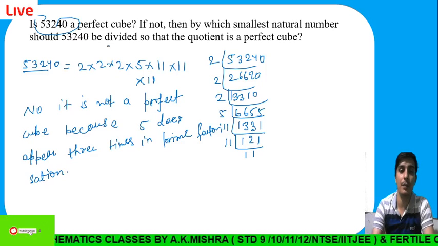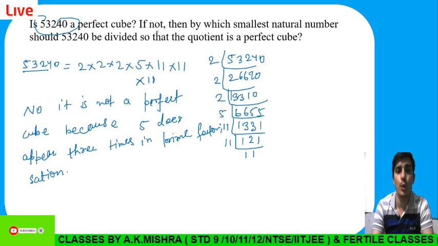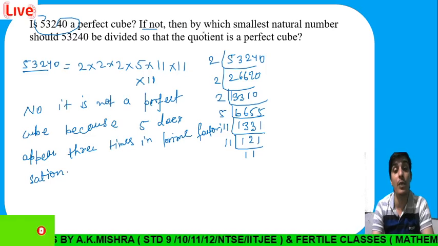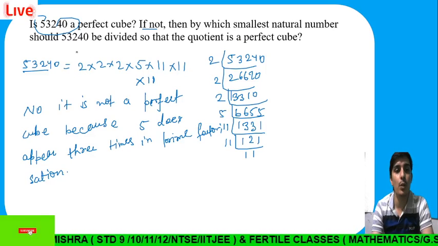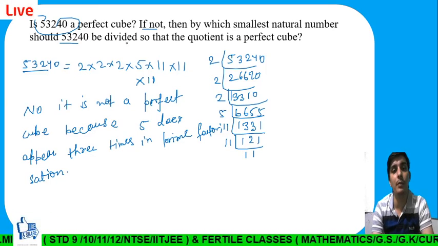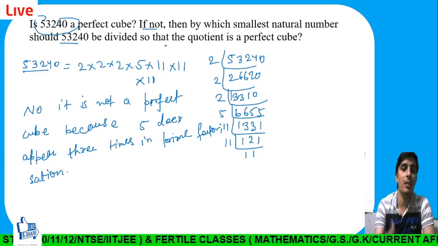And another question is: if not, then by which smallest natural number should 53,240 be divided so that the quotient is a perfect cube?